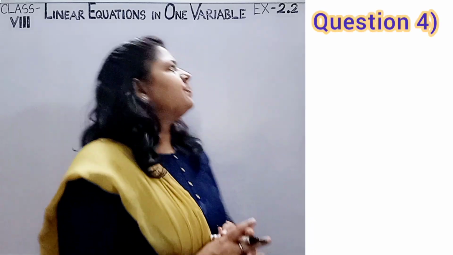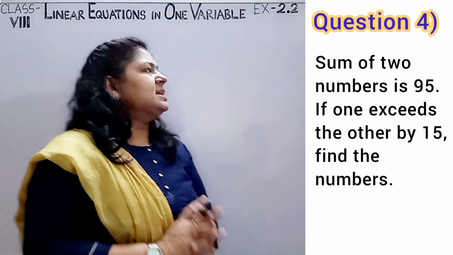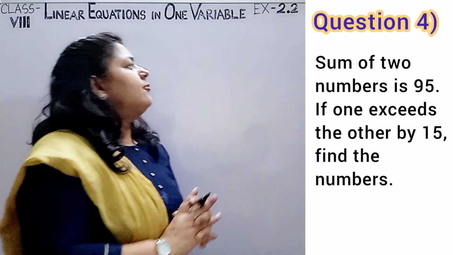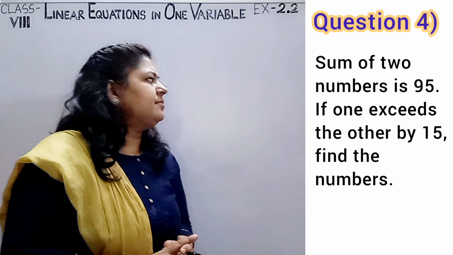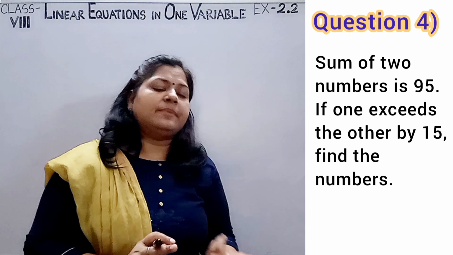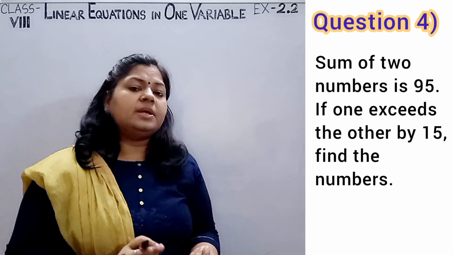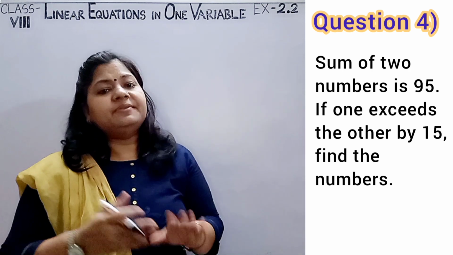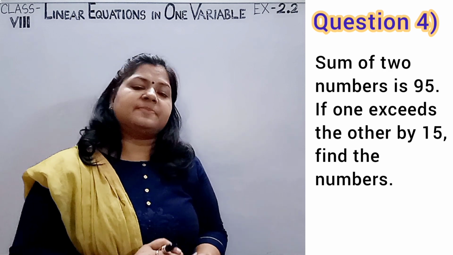Question number 4. Sum of two numbers is 95. If one exceeds the other by 15, find the numbers. Here we have to find out numbers. So first number we have to take x because we don't have the number, and second number exceeds by 15. So second number will be x plus 15.